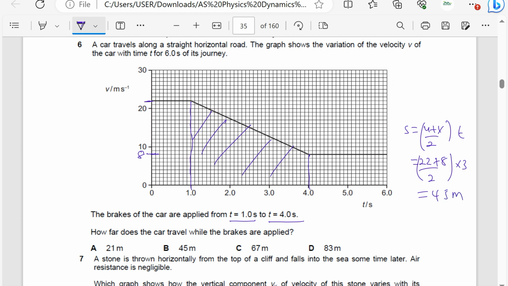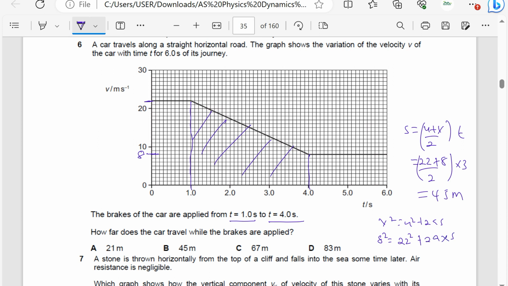Alternatively, you could use v squared equals u squared plus 2as, where v, final velocity, is 8 squared, initial velocity is 22 squared, plus 2 times the acceleration times s.